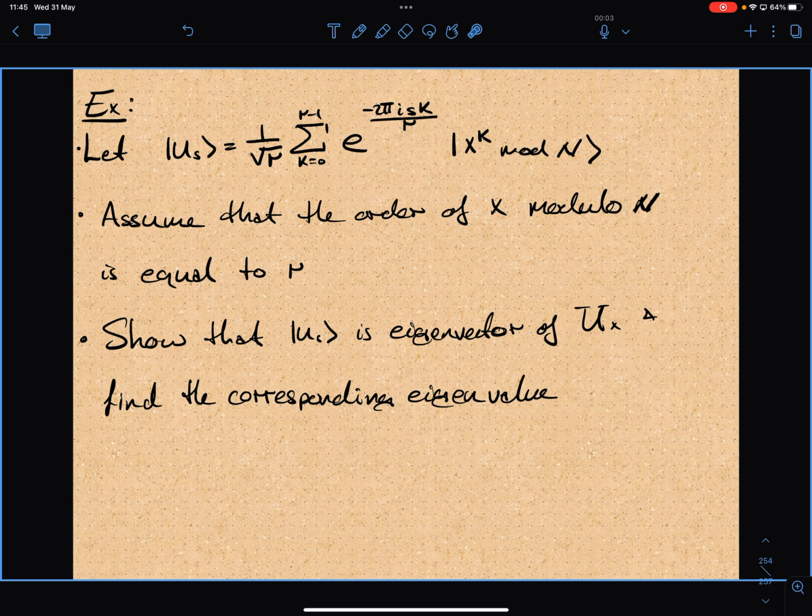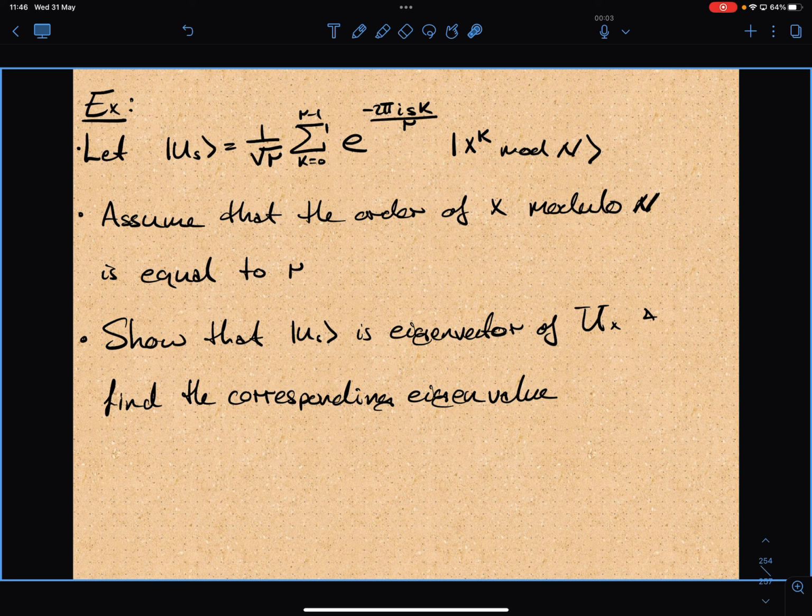No, the vector is U sub s, and the operator is U sub x. So that will change. And the idea is then to match the k's together, so plus or minus 1 equals 2, plus or minus 1.